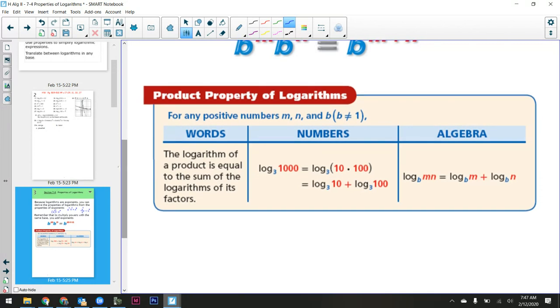Oh, look at this. Go ahead and write this down here. This is the multiplication property of logarithms. You can write down in words what it is too. By all means, go for that if you'd like to. But the thing that I think is important is the algebraic definition. The logarithm of a product is equal to the sum of the logarithms of its factors.